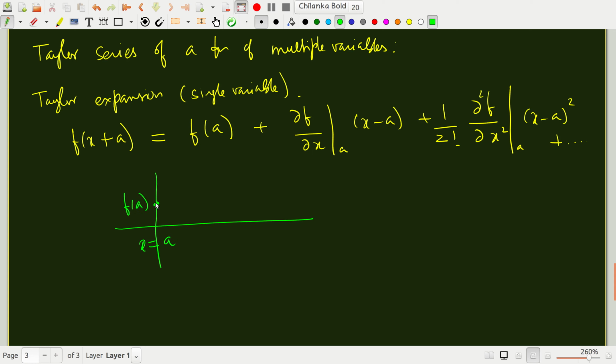Now I want, based on the value of the function f of a, its first derivative at x equal to a, its second derivative at x equal to a, and so on and so on, can I construct the value of the function in the neighborhood of x equal to a based on all the information at a? Okay, so that is the idea of Taylor series.